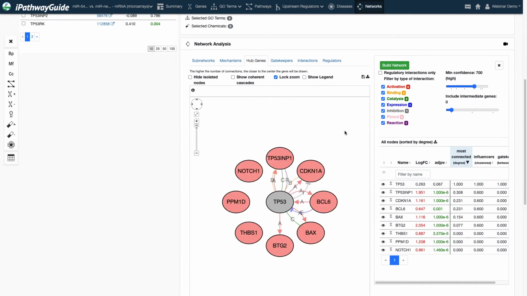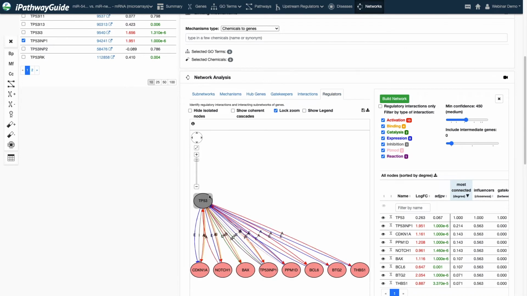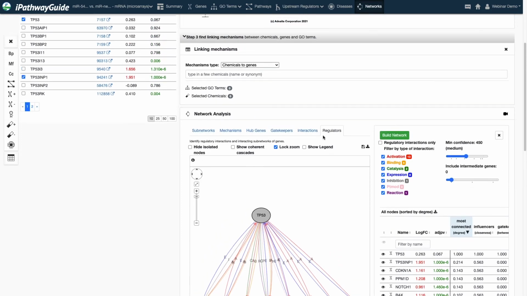And the answer is TP53 is obviously known to regulate all of them, but we don't actually see any other interactions between any of these other genes. So the next thing we could do is add a process here.